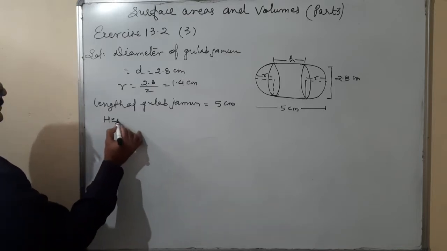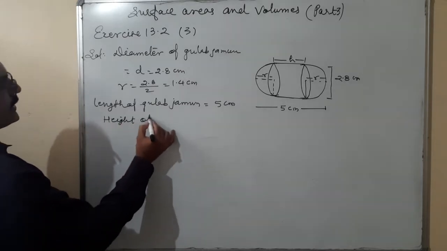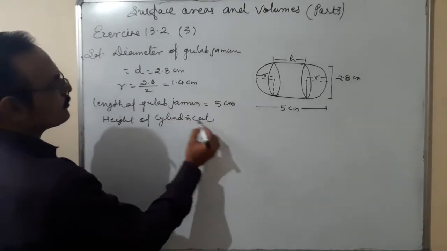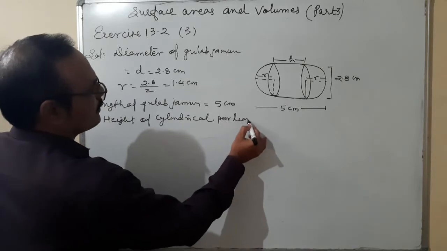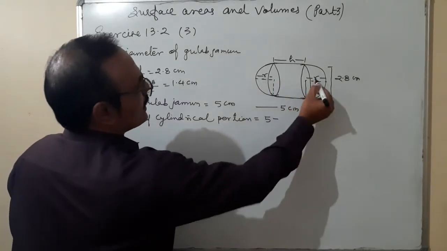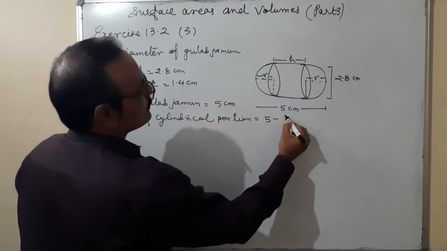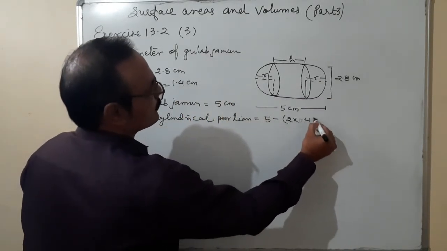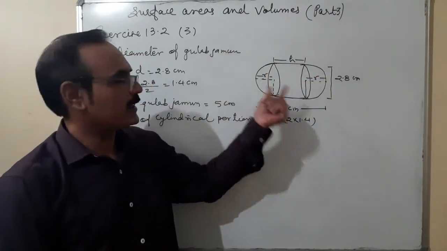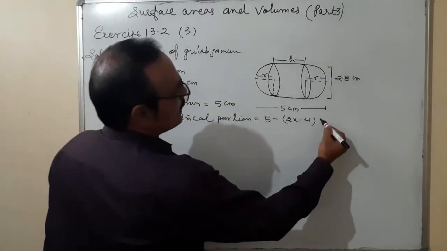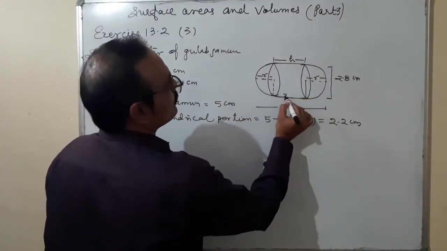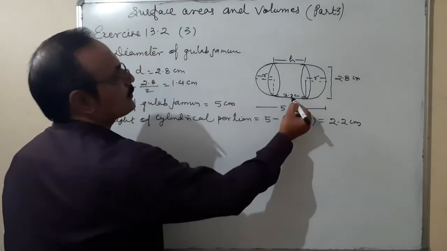Therefore, height of the cylindrical portion is 5 minus 2 multiplied by 1.4. Because total is 5, 1.4 plus 1.4 is 2.8, so 5 minus 2.8 is 2.2 centimeter. So height is equal to 2.2 centimeter.